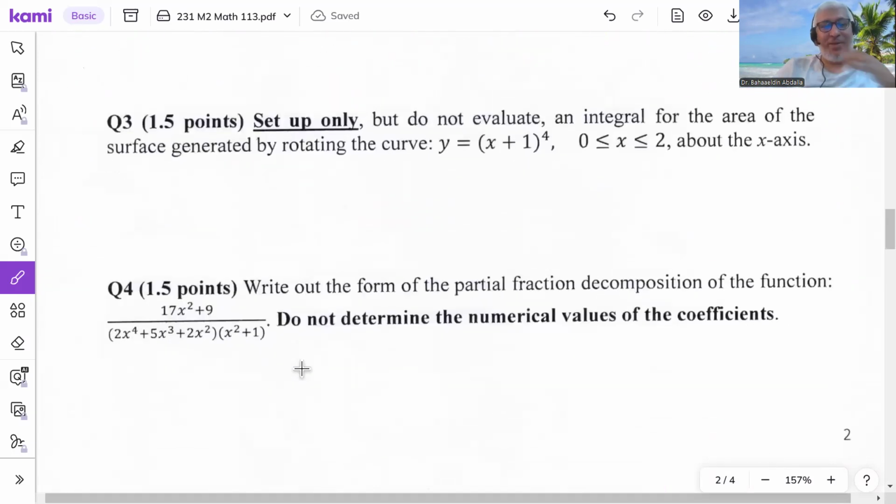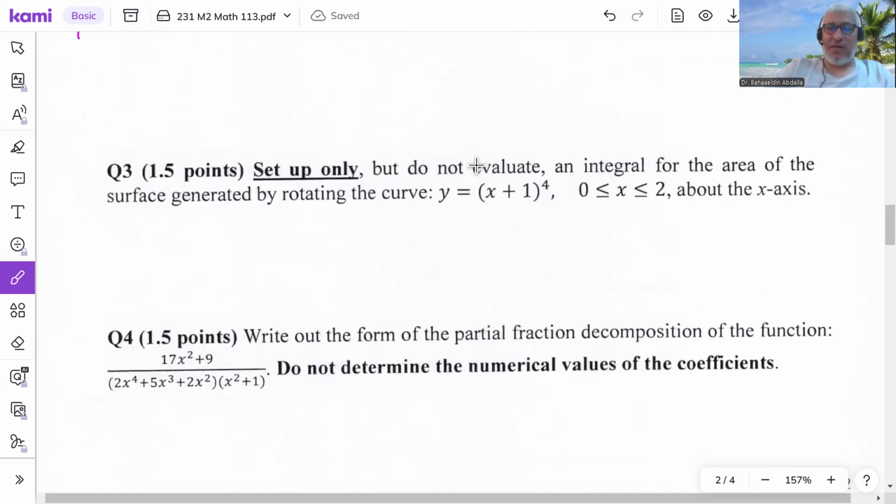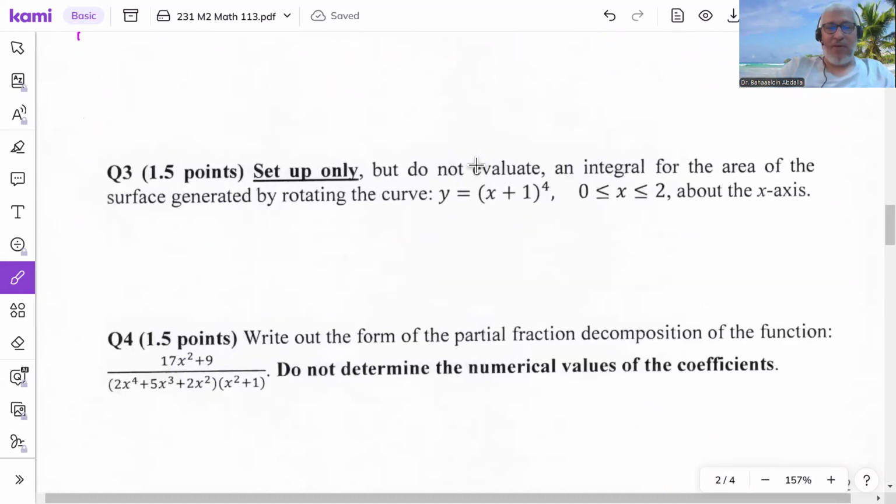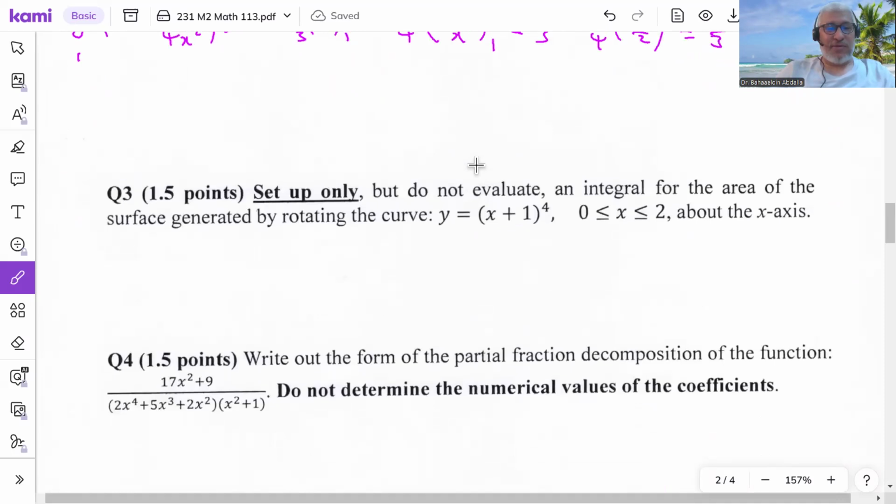Set up only, but do not evaluate, an integral for the area of the surface. Well, the area of the surface S is the integral of 2 pi y or 2 pi x. It depends whether it's about the x-axis or y-axis.